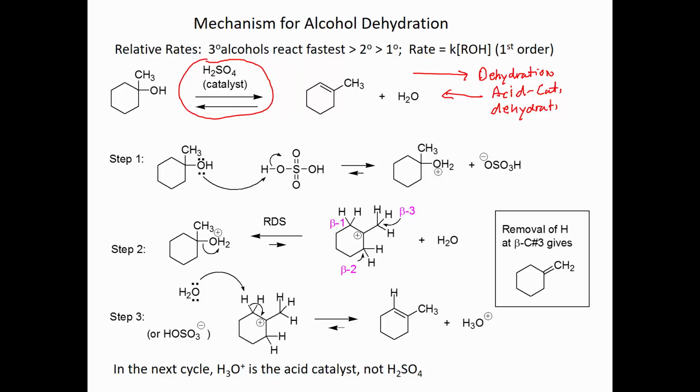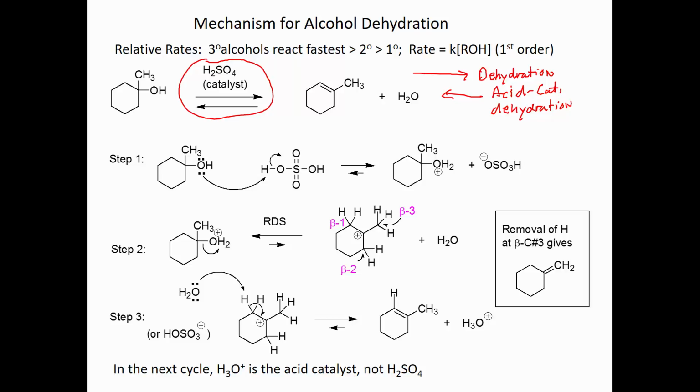What you also find is that when people do this reaction, they actually use Le Chatelier's principle without really even knowing it. Water usually boils lower than most of the alkenes that you would make, and a lot of times it just goes out of the system. So that's one way to drive the reaction to the right using Le Chatelier's principle.